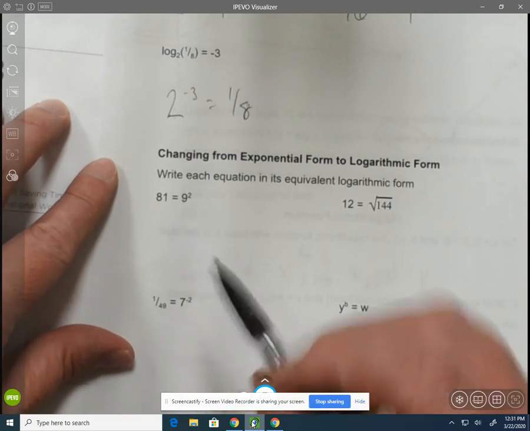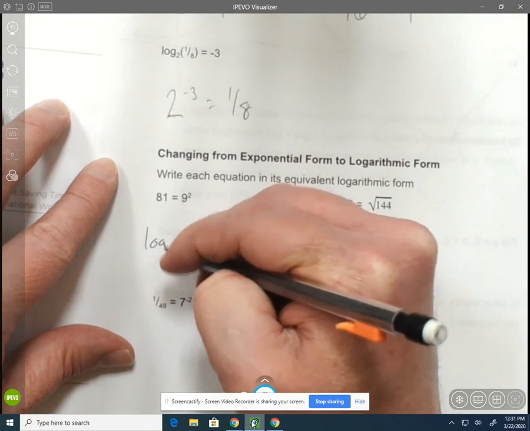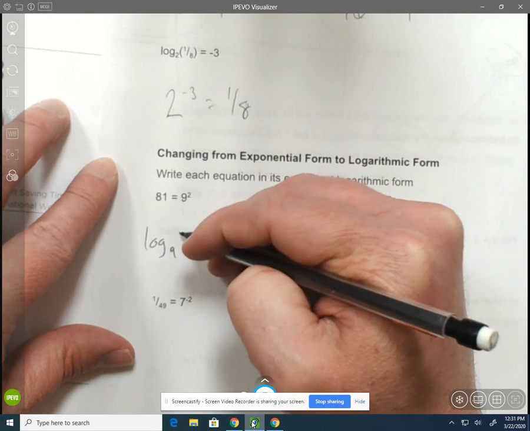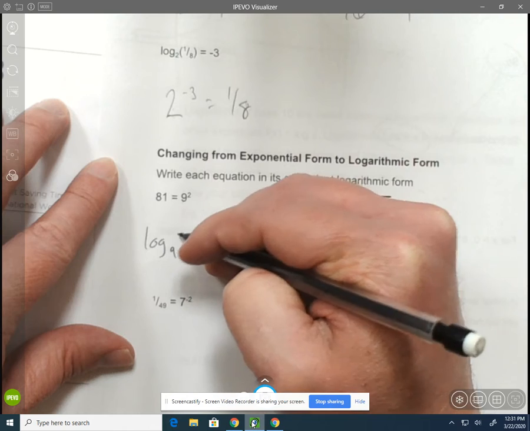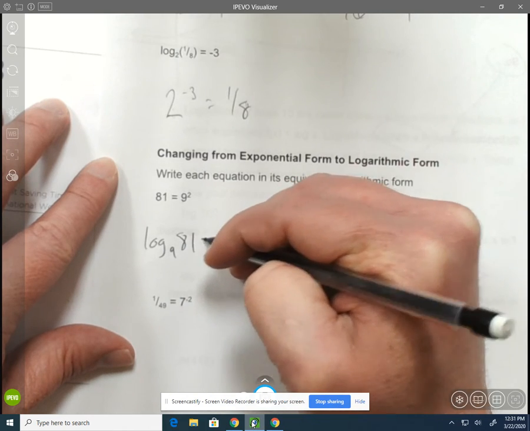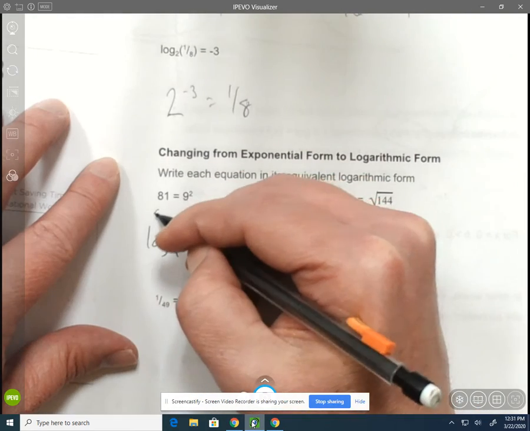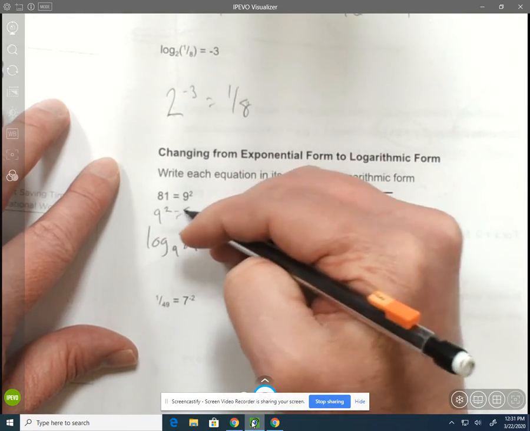So here I see my base is 9, so it's log base 9, and then I switch these two. Log base 9 of 81 equals 2. And again, I probably should have started by writing this as 9 squared equals 81.